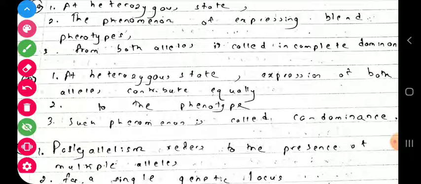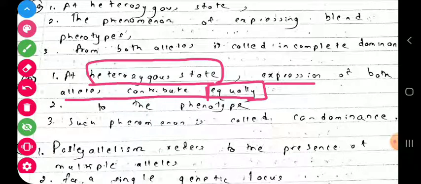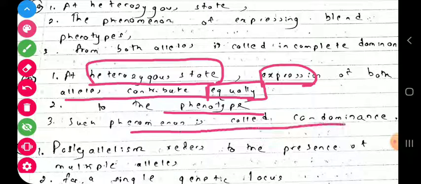At heterozygous state, expression of both alleles contribute equally to the phenotype. Such a phenomenon is called codominance.